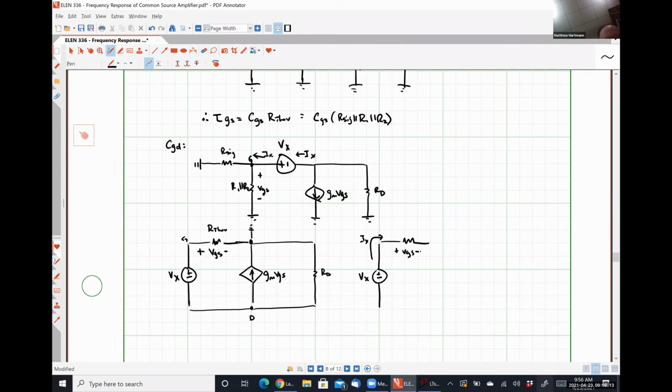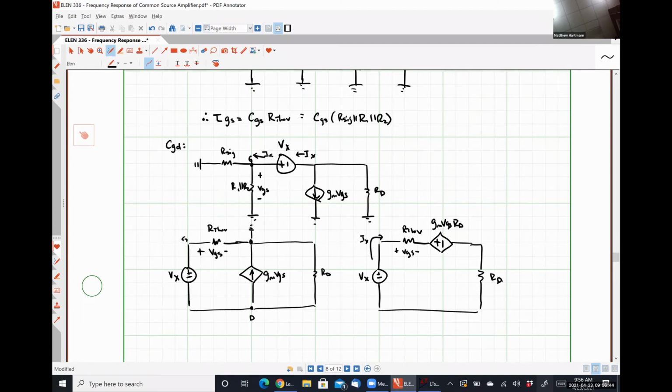This is still VGS, so we're not changing where VGS is defined in any way, shape, or form. Positive polarity on the left, negative polarity on the right from the way that my current source was oriented. This is now GM VGS times RD. And here we have RD.